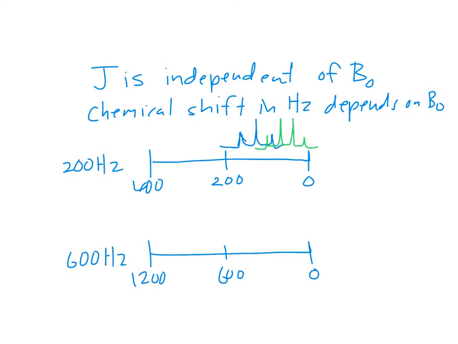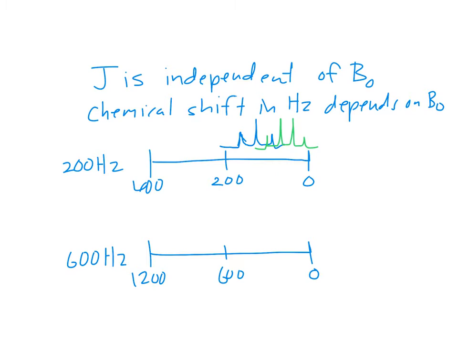Or the other way to think about it is the size of the coupling constant. If you have a very low field, then the size of the coupling constant actually becomes reasonably large on this scale. But if we go down now, there's 600 hertz in here, and so the coupling constant size becomes very much smaller. So the result is that the peaks become much narrower, the multiplets in the relative scale.